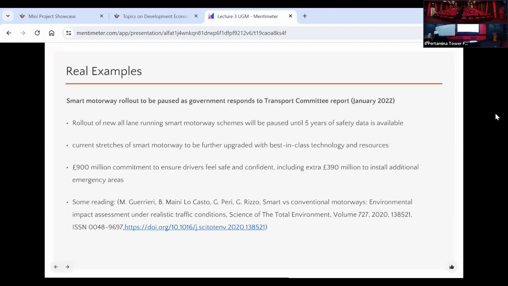Other color. Thank you. Yes, that's good.